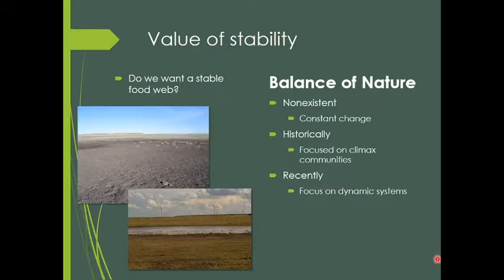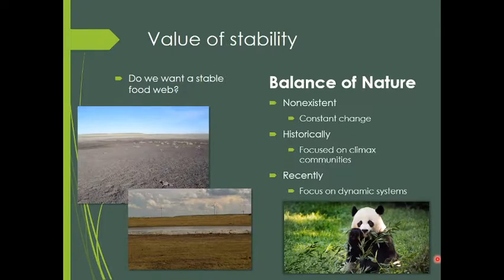So I would say that in a lot of senses, focusing on this idea of stability is not necessarily important. However, if you're trying to figure out how to save the giant panda, but you're working in a system that is really fluctuating a lot, and you're putting in a ton of money to try to save an endangered species, I understand why hopefully having that ecosystem be stable enough that the populations can rebound is somewhat important.